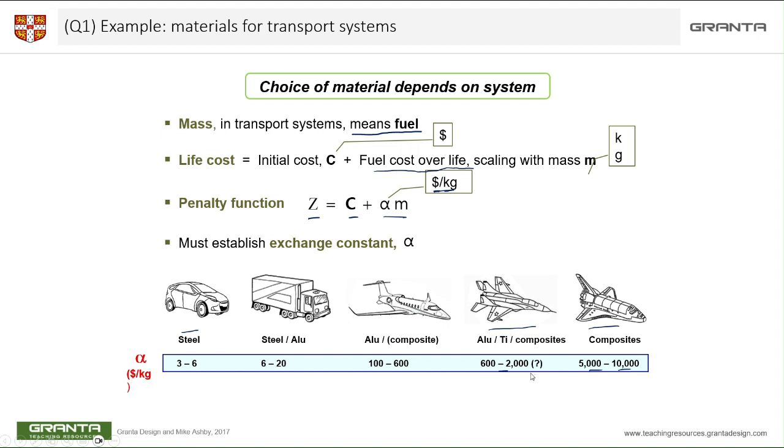But for a space shuttle, it's way higher, up to 5,000 to 10,000. So that tells you that in these applications, moving from this side to this side, saving mass is the most important objective, whereas here saving cost is actually a bigger objective. So this is how the exchange constant helps you decide between different design options for material selection.